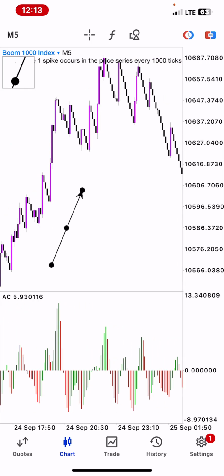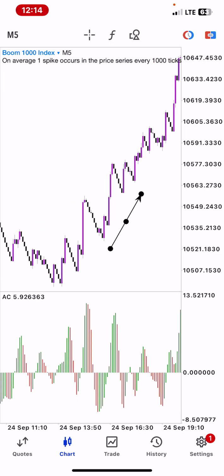You can see spikes are always active for boom when the trend of the market is upward. You can't expect to catch spikes when the market is in a downtrend. You only catch spikes on boom when the trend of the market is to the upside.